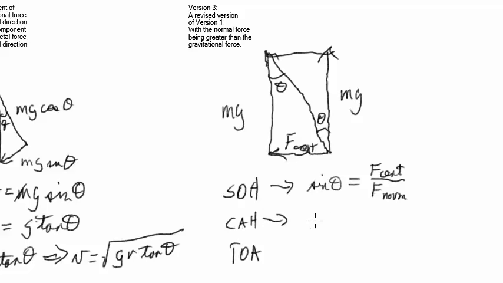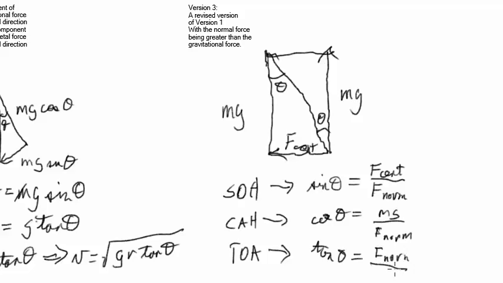Cosine theta equals adjacent, mg, over hypotenuse, which is our normal force, and tangent theta equals opposite over adjacent, which is mg.